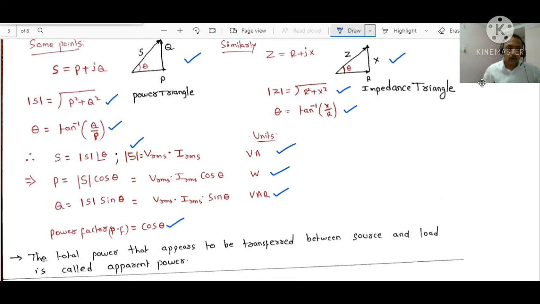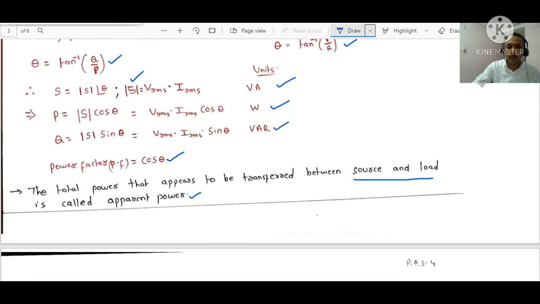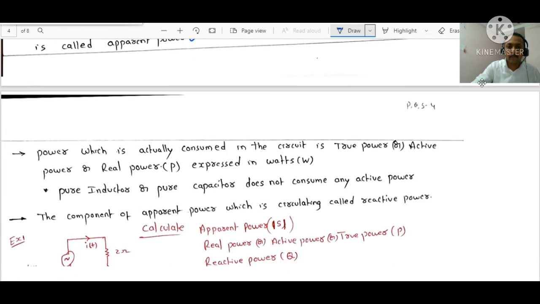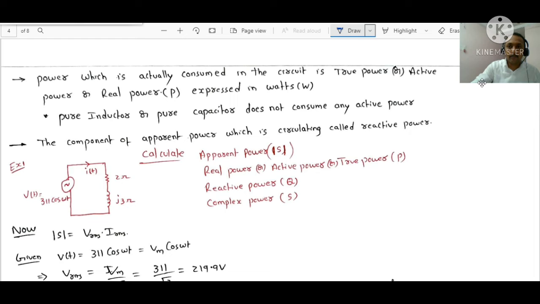Right? Now the total power that appears to be transferred between the source and load is called the apparent power. Very, very important. Apparent power. That power appears to be transferred, but out of that much power which appears to be transferred, some part of the power which is actually consumed in the circuit is called the true power, active power or real power.